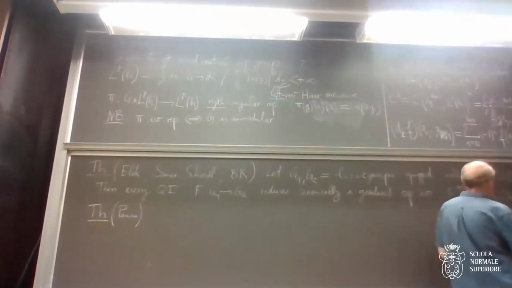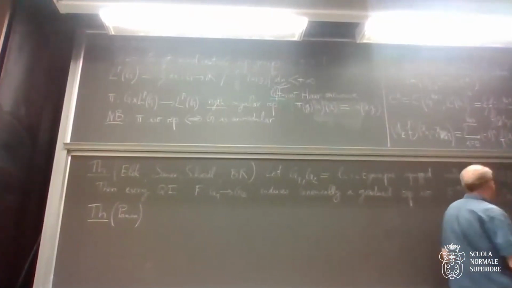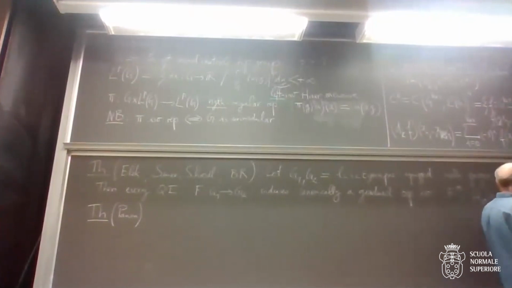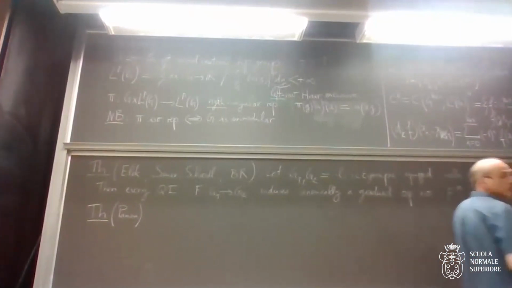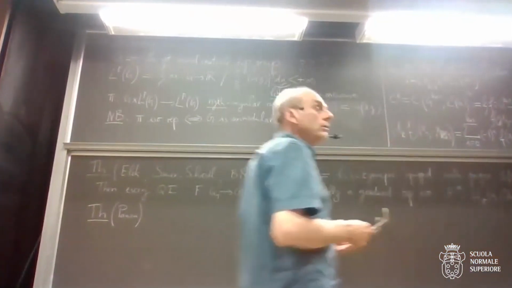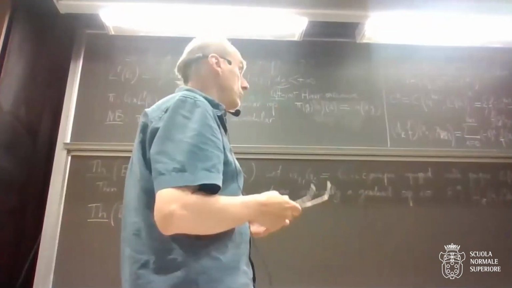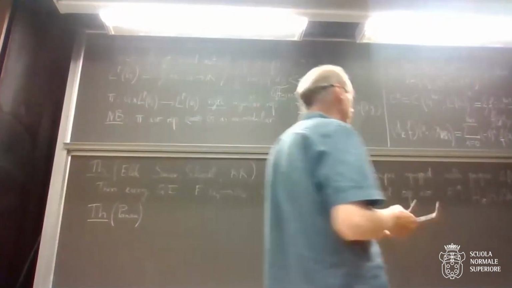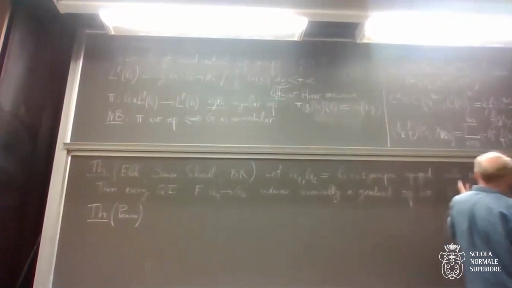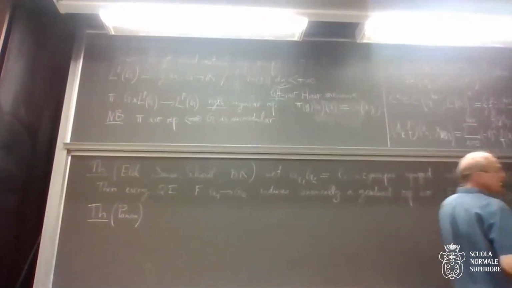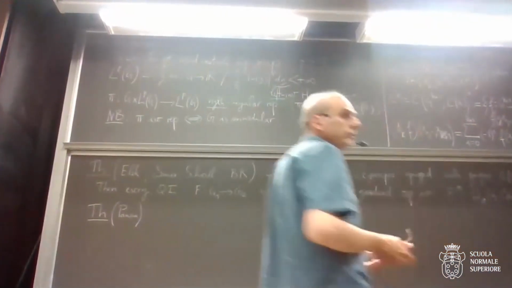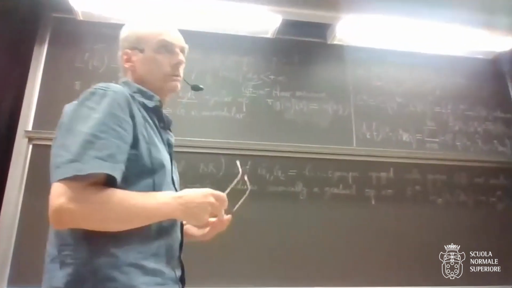What is nice here is that you don't have to make any contractibility assumption on the groups. But if you want to speak of Lp-cohomology of simplicial complexes or de Rham Lp-cohomology of manifolds, then to get invariance by quasi-isometry, you need the space to be contractible.